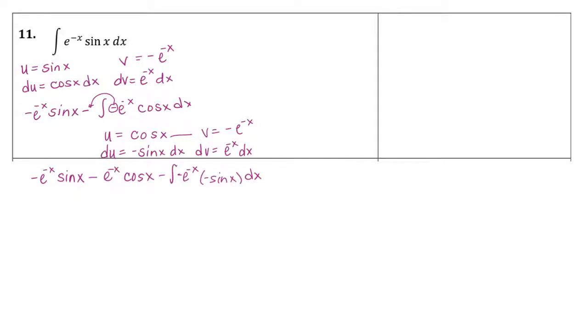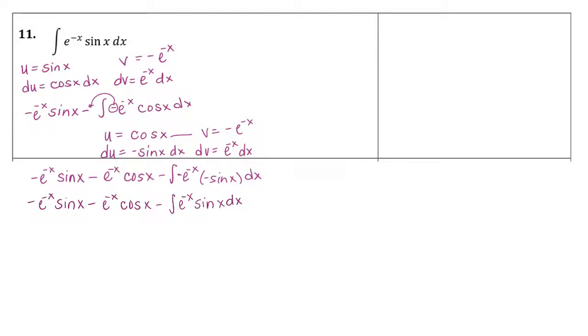So again, it looks like we're really going around in a circle here. I'm going to move that negative. Well, those end up being positive. So here we're going to have negative e to the negative x sine x minus e to the negative x cosine x. And so that's going to be minus the integral of e to the negative x sine x dx, which is what we were starting with.